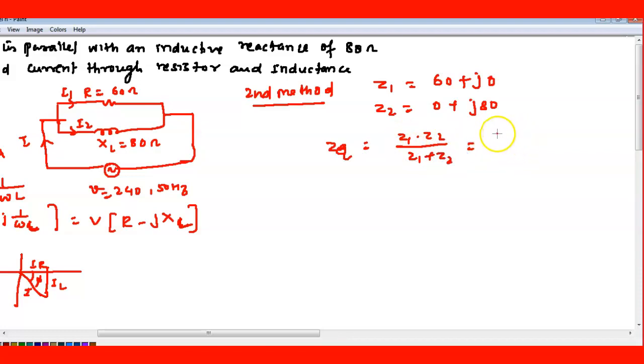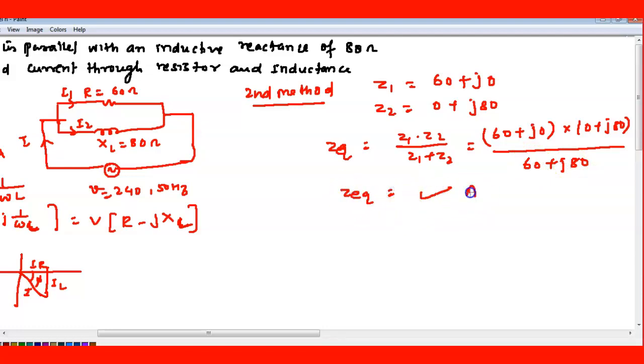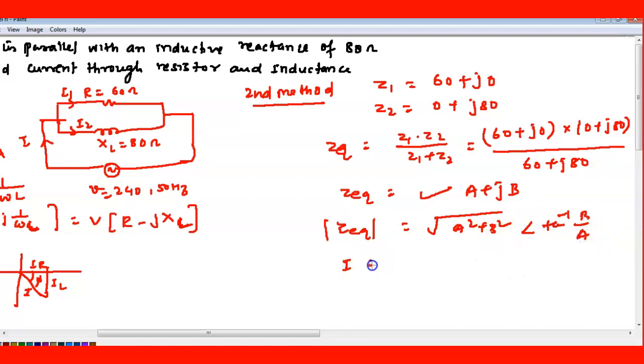So 60 plus j into 0 into 0 plus j into 80 by Z1 plus Z2, 60 plus j into 80. So we can find Z equivalent in the calculator, a plus j into b, and the magnitude you can find as the square root of a square plus b square, and angle is tan inverse of b by a, right? So I is equal to V upon Z equivalent magnitude.